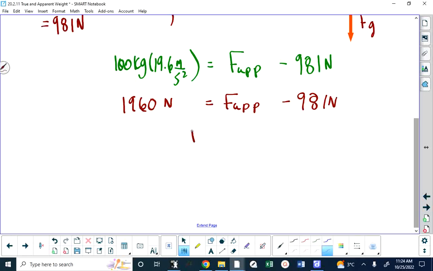So the apparent weight is 2,941 newtons.